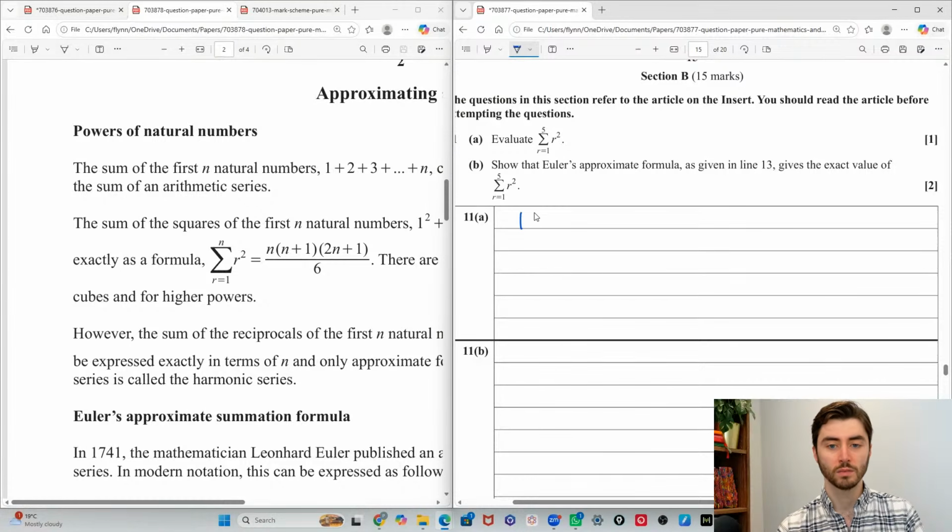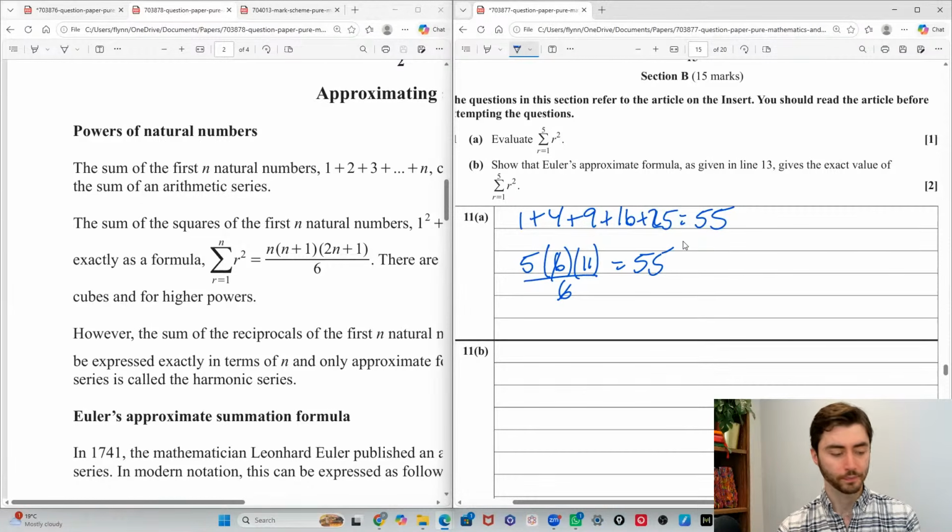So it is just 1 plus 4 plus 9 plus 16 plus 25, and that is 55. You could also have got there from saying it's going to be equal to 5 times 6 times 11 all over 6, cancel, equals 55.